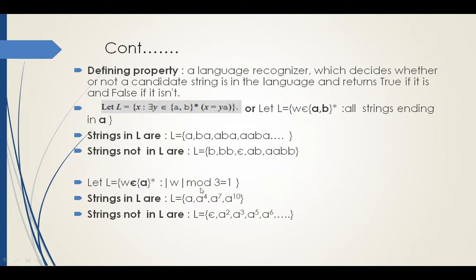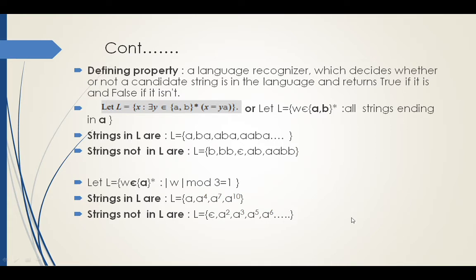What is the meaning of this? When you divide the length of W by 3, the mod operator gives the remainder after division, so the remainder should be 1 here. For example, consider a string which is framed by using the symbol A.